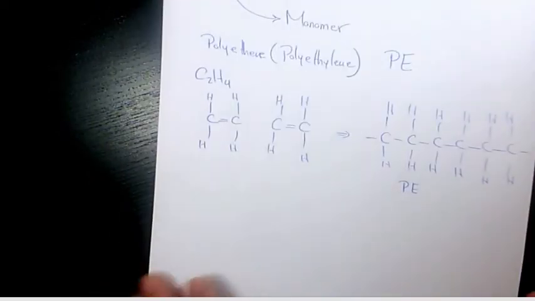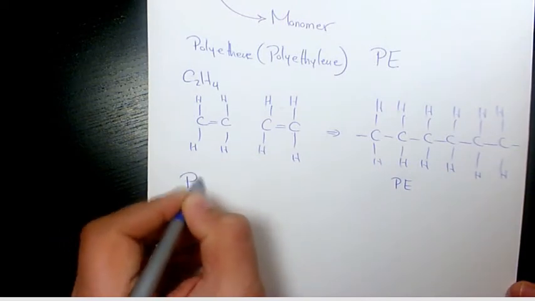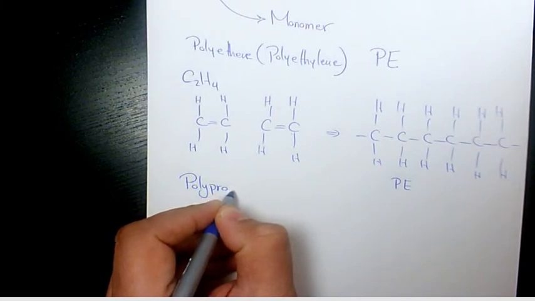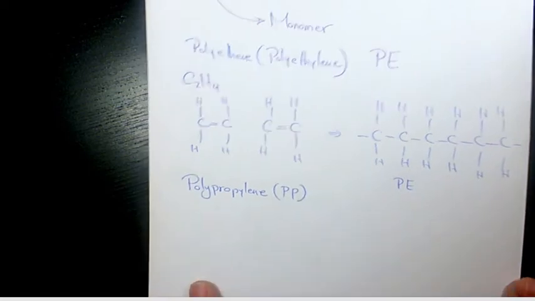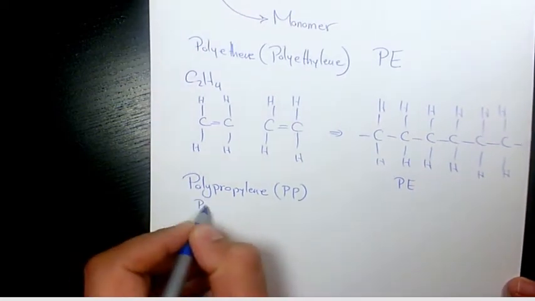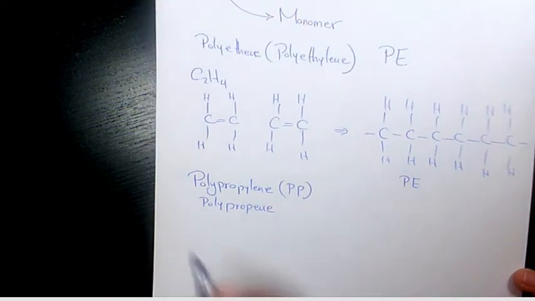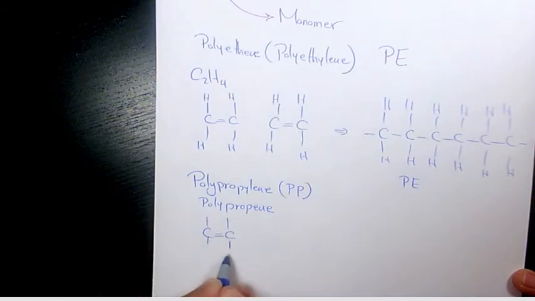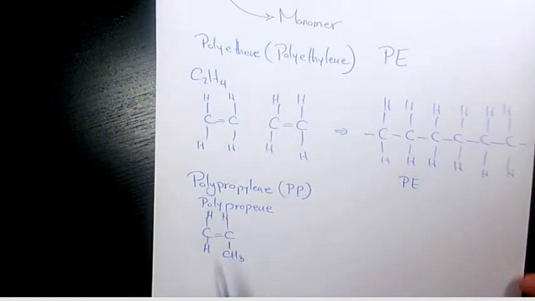Another example for monomer and polymer is polypropylene, or it is called PP. So the monomer, as you would know, is propene, and we have hydrogen here, so we have one double bond.